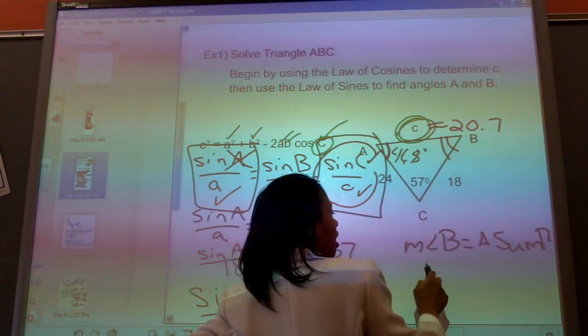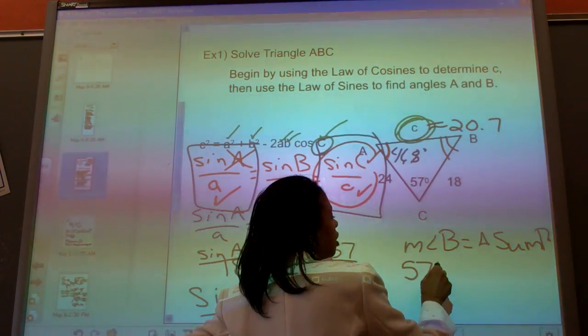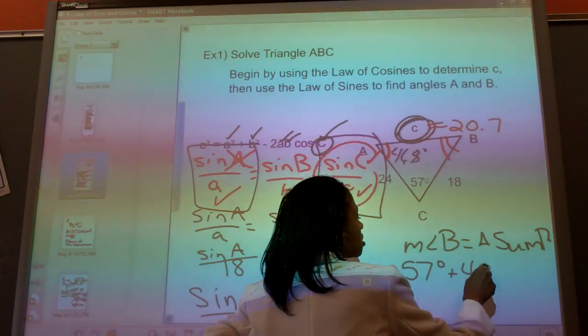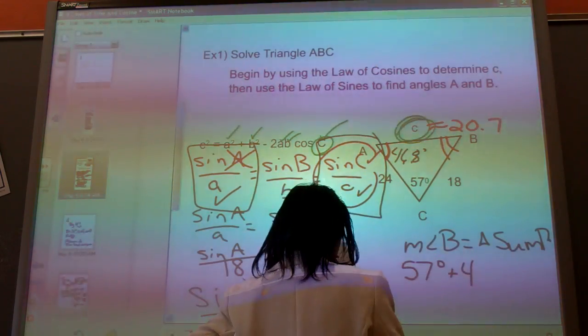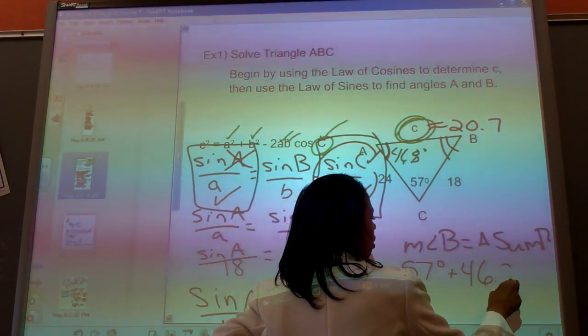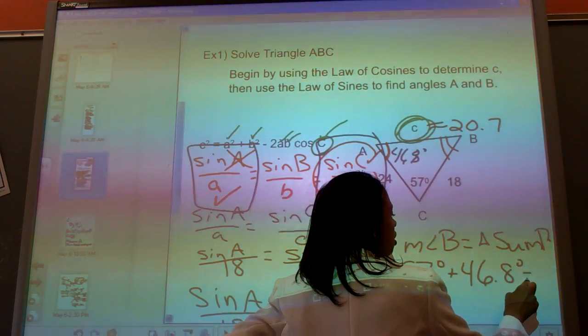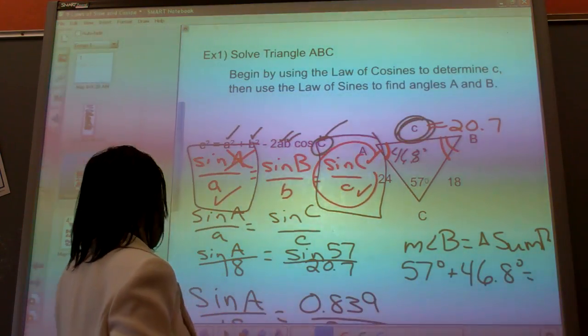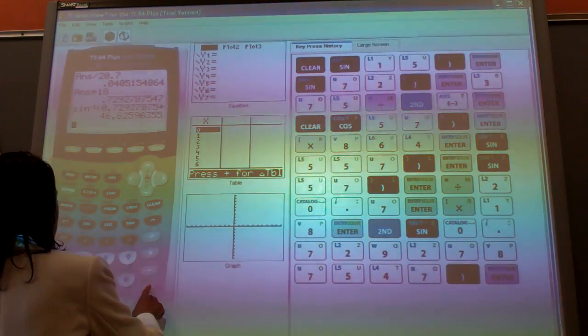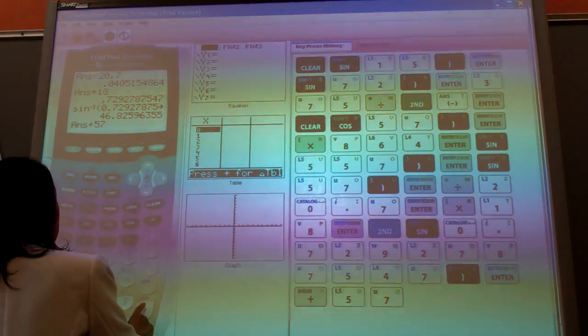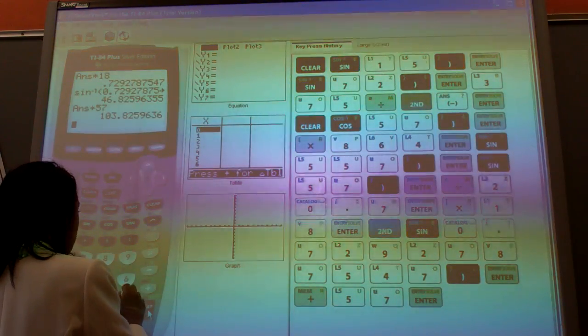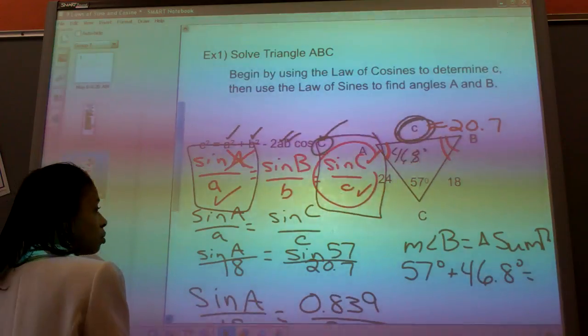I've got this and that. All you do is add 57 degrees plus 46 and 8/10 degrees, and that equals 103.8, or 103 and 8/10.